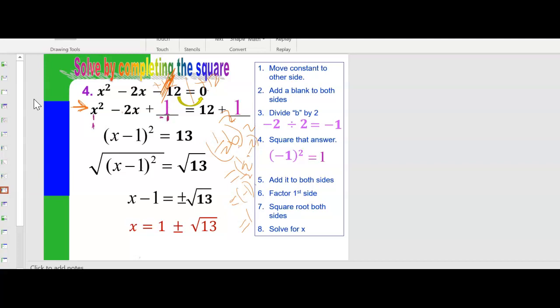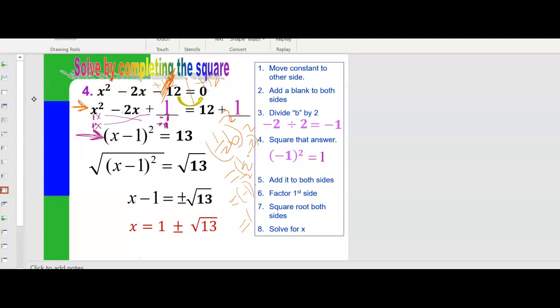Positive 1 is negative 1 times negative 1, because negative 1 plus negative 1 is negative 2. So you have x minus 1 times x minus 1, which is x minus 1 squared, equals, on the other side, add up the two numbers, which is 13. Okay, so you have the next perfect square equation.